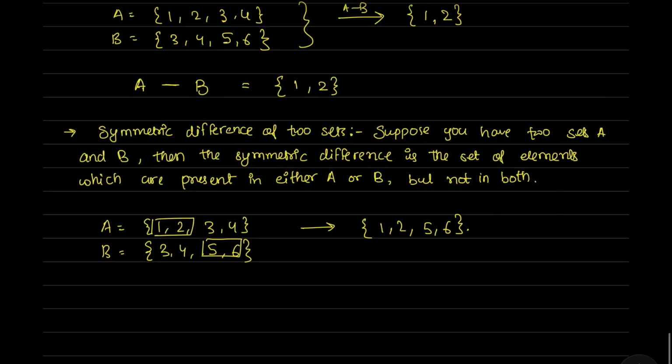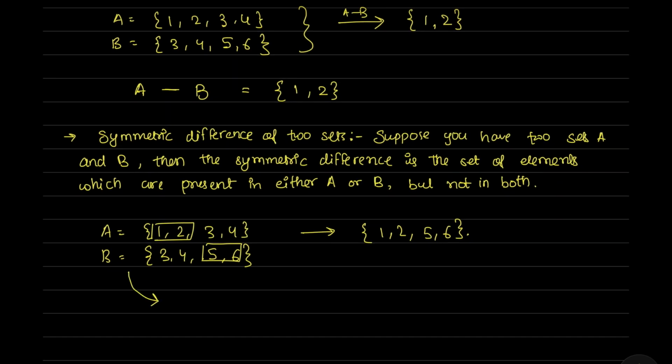Alright, or you can also see it as a few of the other operations that we have studied. What we are doing is A union B. We are first writing down all the elements present here, 1 2 3 4 5 6, and we are subtracting A intersection B. What is our A intersection B? 3 comma 4.